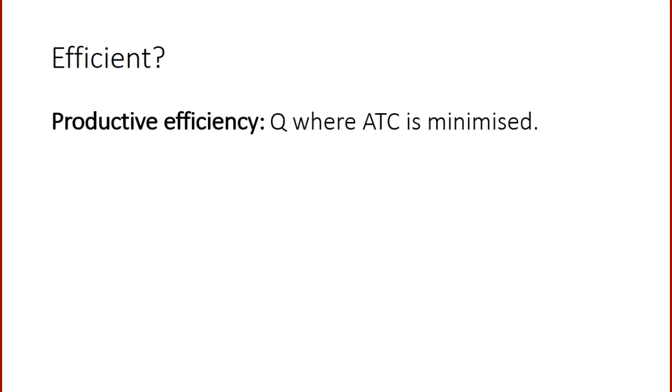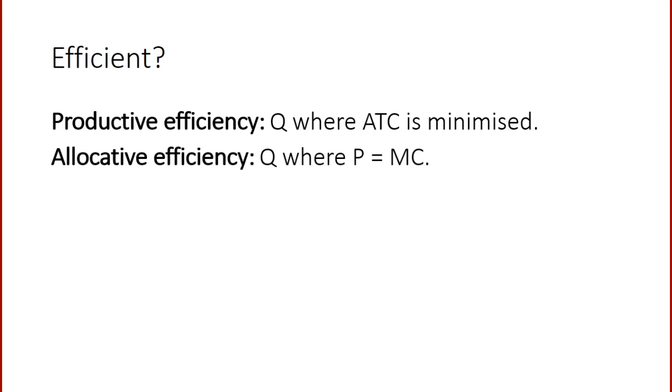When we talk about the efficiency of a firm, there are actually different measures of efficiency, or different meanings of efficiency. If we're talking about what's called productive efficiency, we say that's the quantity where the average total cost is minimized. Allocative efficiency is the quantity where the price being paid by the buyers equals the marginal cost of producing the last unit that is consumed by those buyers.